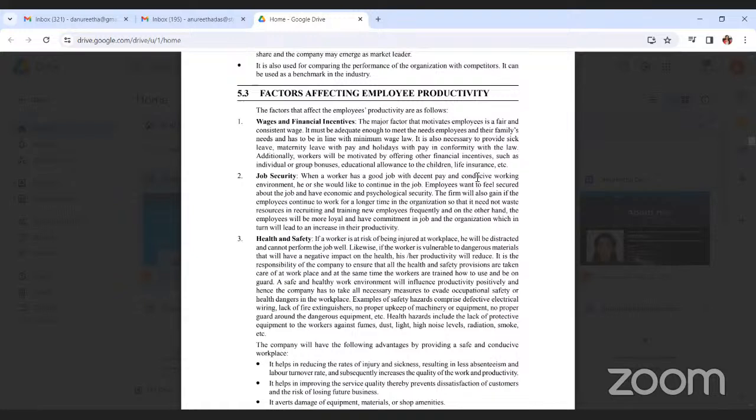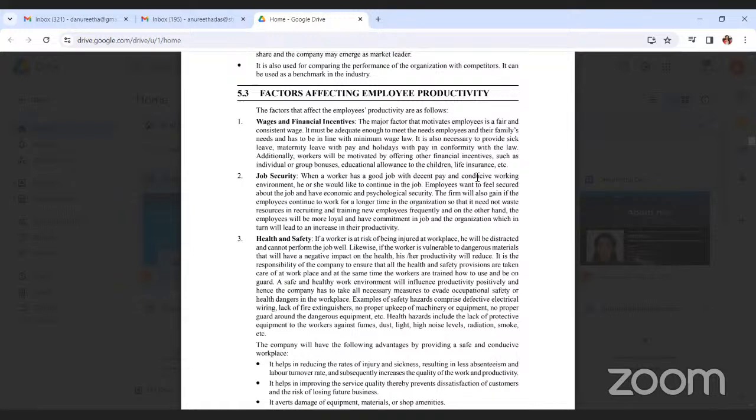These should be the financial incentives and the consistent wage format that they should be getting. Incentives also include educational allowances for the children, life insurance, bonuses. All these come under wages and financial incentives. Only then, people would be comfortable in working.